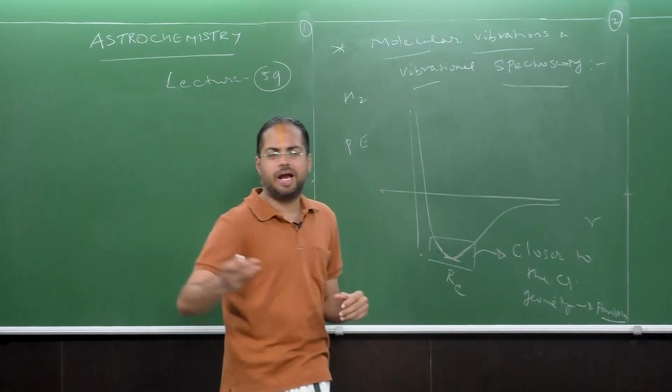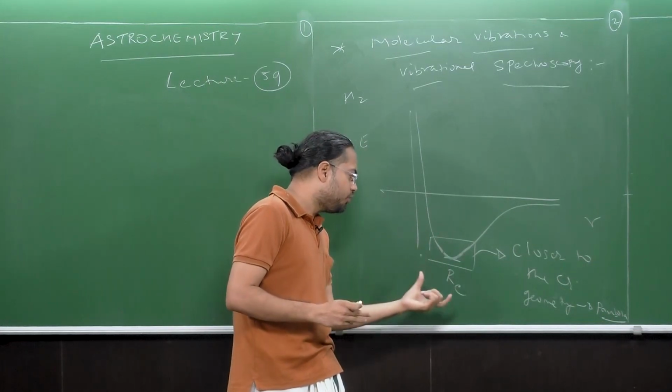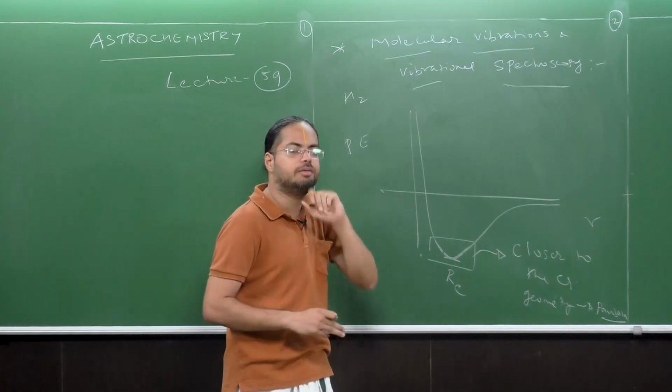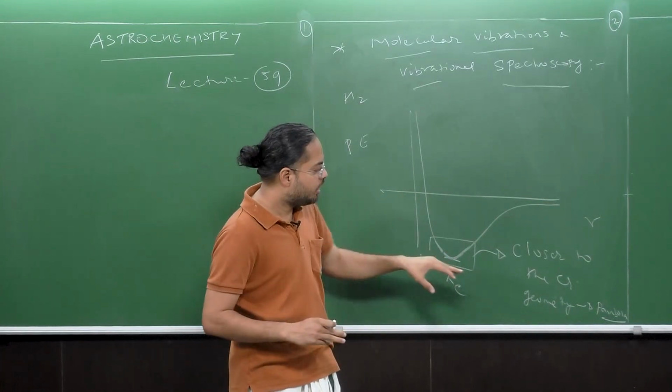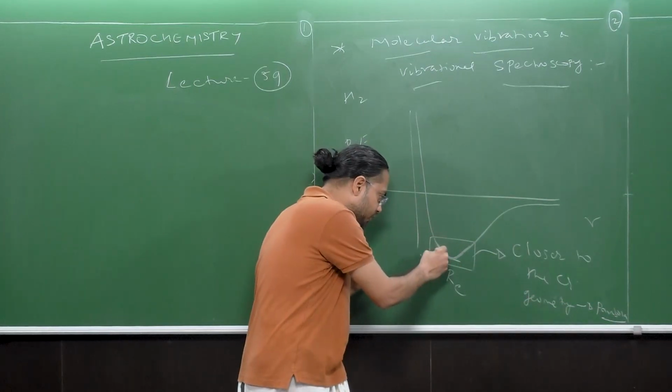I had ended the last lecture by informing you that closer to the equilibrium distance, the reduced potential energy surface of any system could be approximated by a parabola. You can look at the shape.